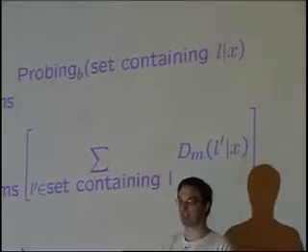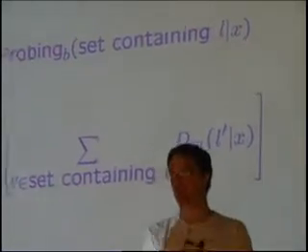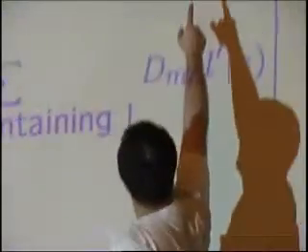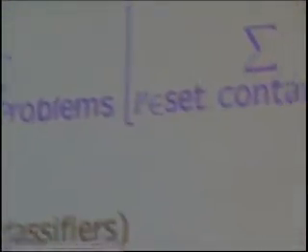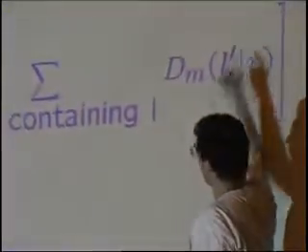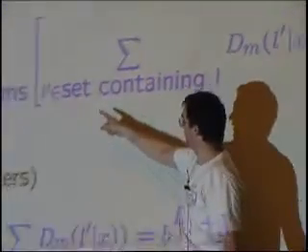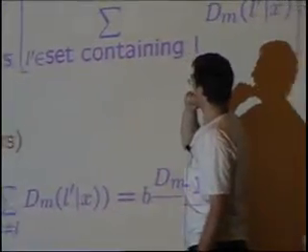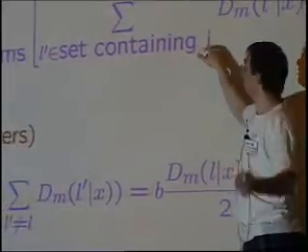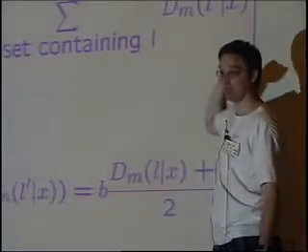Right? So Peacock is estimating the probability that your label is in one set or the other. And you figure out what that set is. The probabilistic estimate of that set. And then assuming that this is actually perfect, then that value there is the sum over every label in the set containing the label of the probability of that label.